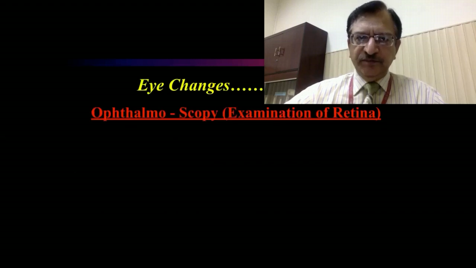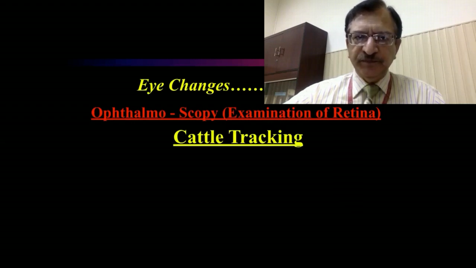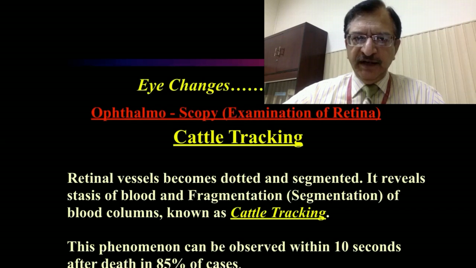Then other eye changes: when we immediately do ophthalmoscopy, there is a specific phenomenon seen, which is cattle tracking, as cattle track in a single line. So the retinal vessels become dotted or segmented; that is, the column of blood is segmented.